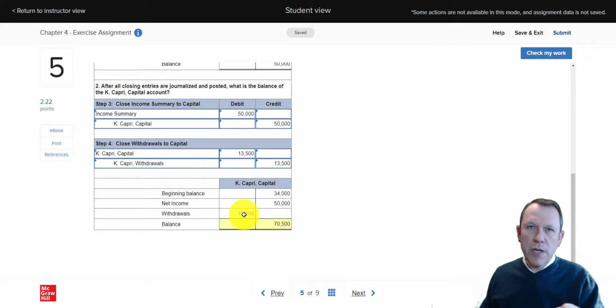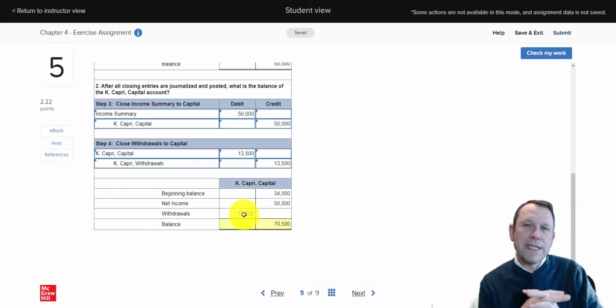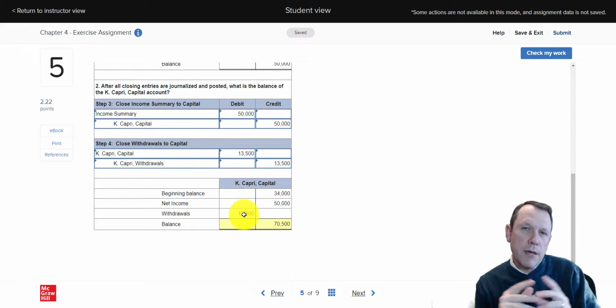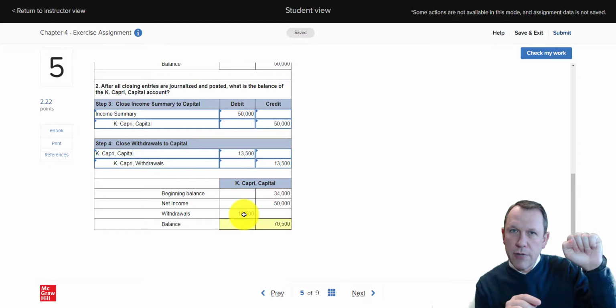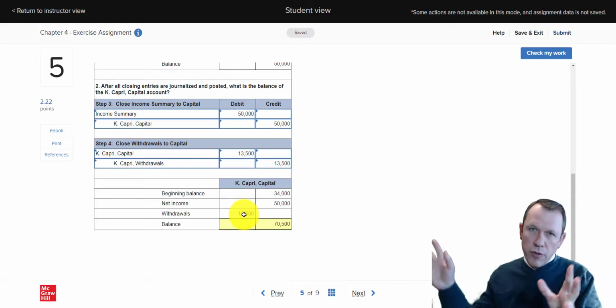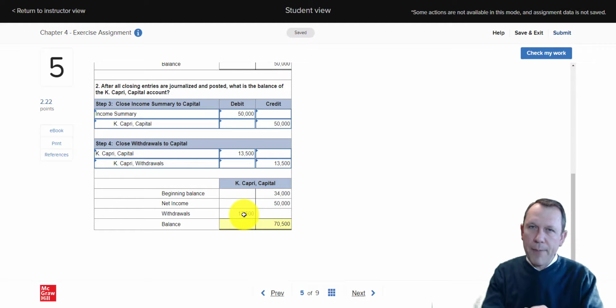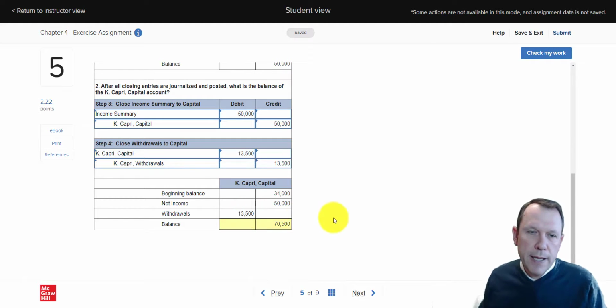So when closing's all done, all these temporary accounts, the temporary accounts being all our revenue, all of our expenses, our income summary, and our withdrawal account are all closed. They're zeroed out. All those balances are wrapped up into the capital account, and that's where they're going to be at the end of the period, which updates the capital balance.